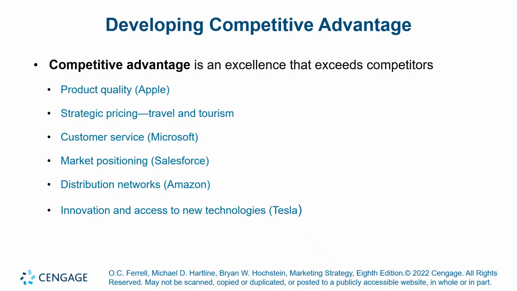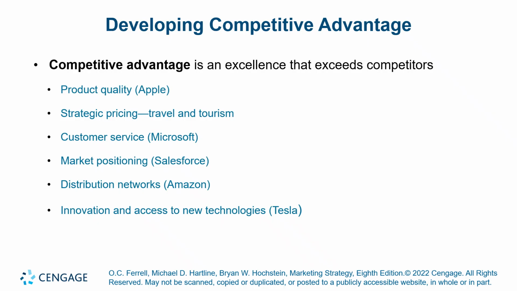Strategic pricing, like travel and tourism. Customer service: Microsoft is considered to do a really good job in customer service. And market positioning: the company Salesforce is really having an advantage in their market positioning.